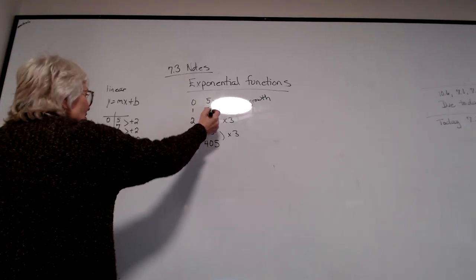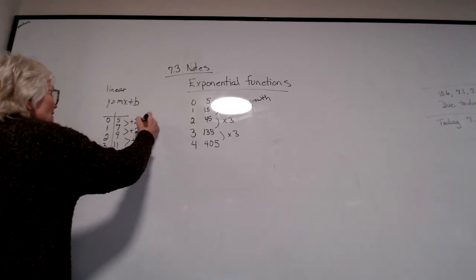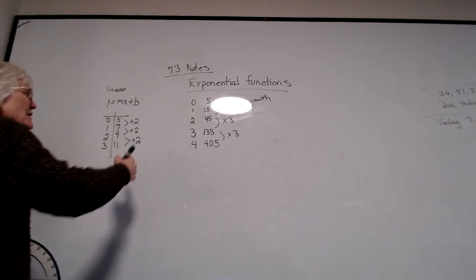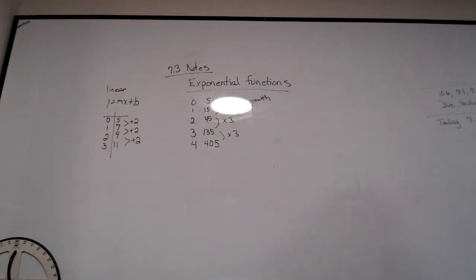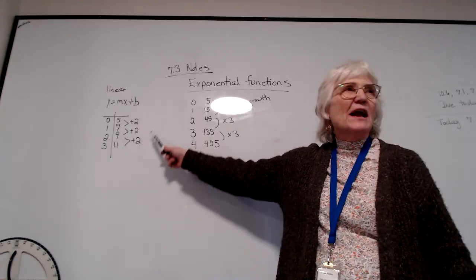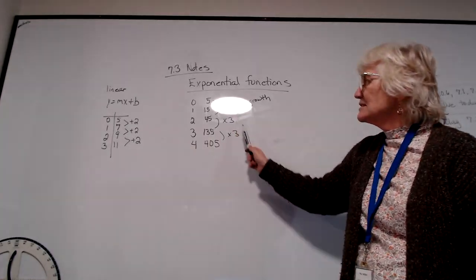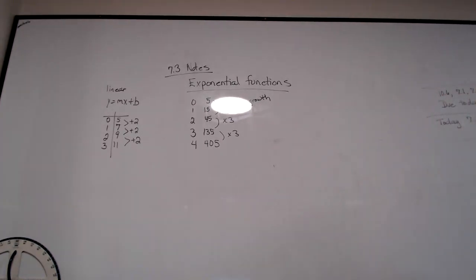It doesn't change how much we're adding each time. So this is a linear function because it's growing. It's just not growing exponentially. Okay, so that's the difference. If you look at the differences here, they're added. If you look at the differences there, they're multiplied. So the difference is those two things.